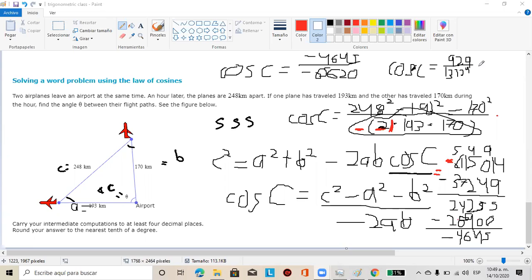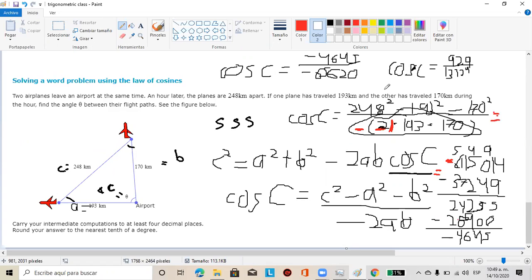Actually it gave me 0.070786. Okay, you did something wrong because you did too much here. When you put this in your calculator, only write this on your calculator.